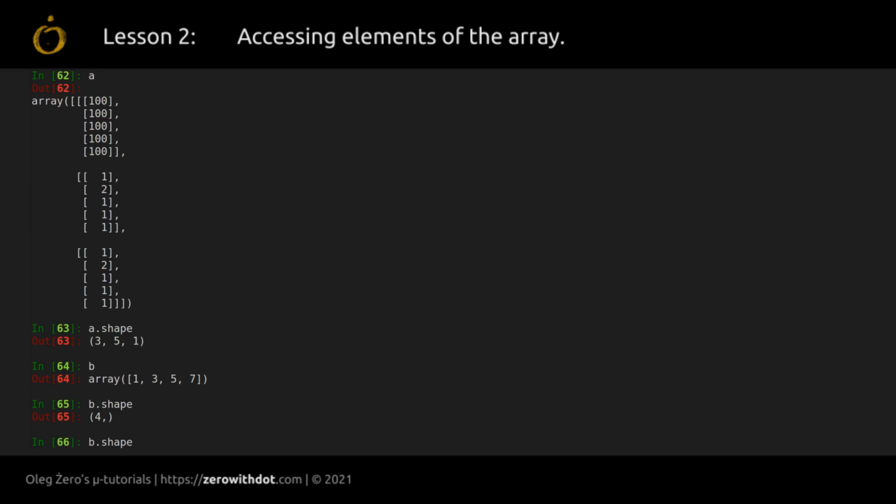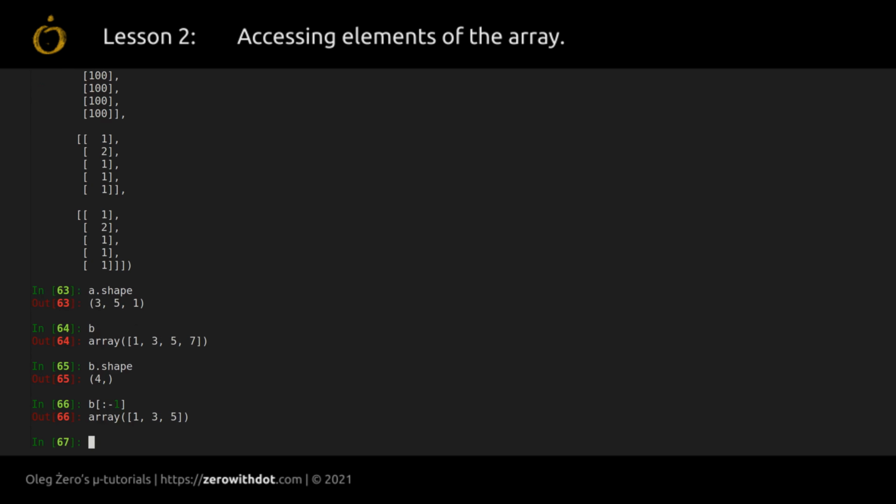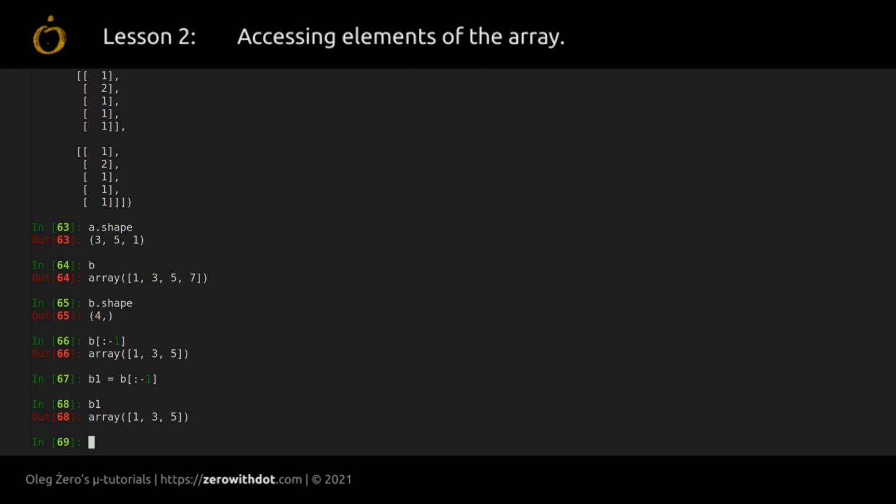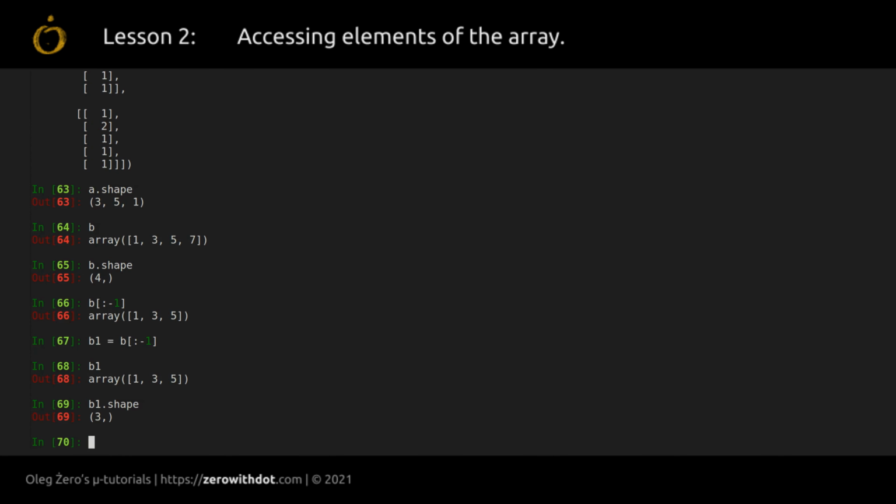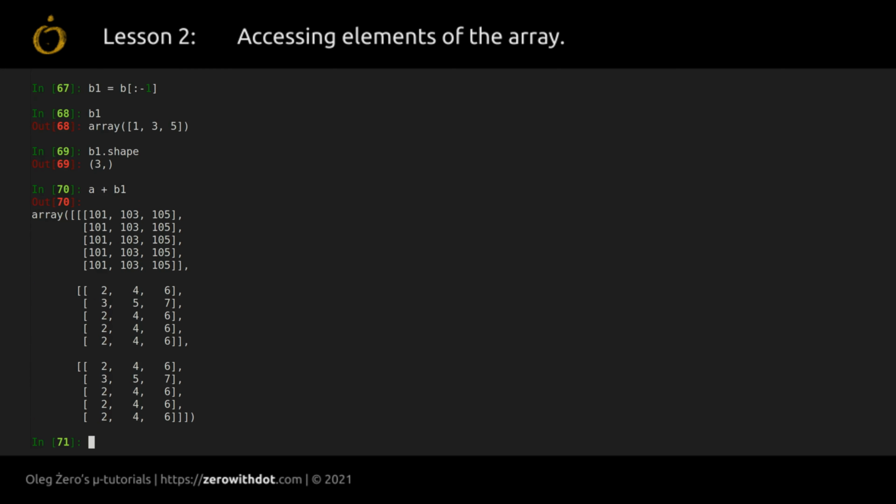Well, one way is that we can, let's say, dispose of one element in B. So let's say we take everything except the last element. Then that will be B1 and assign it. So B1 is of the shape 3.